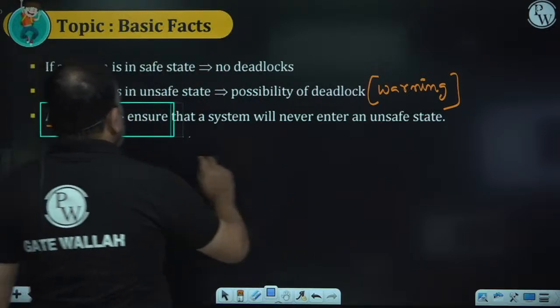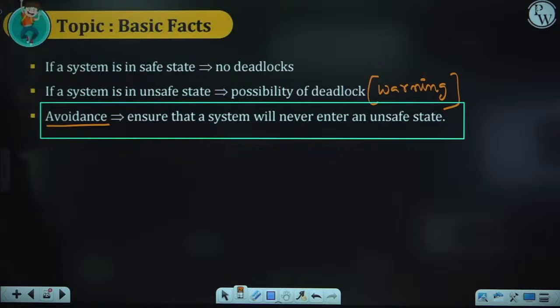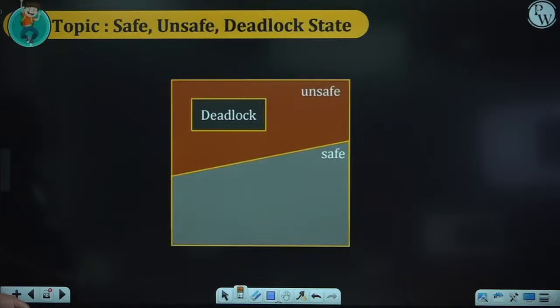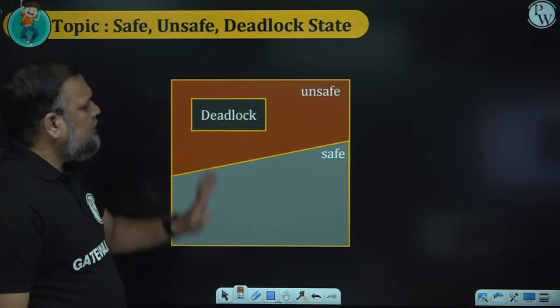The basic ideology of Banker's algorithm is this: ensure that the system never enters into an unsafe state. That means system should always operate in safe mode. ये है बेसिक आइडियोलॉजी ऑफ बैंकर्स एल्गोरिथम. डायग्रामेटिकली आप ऐसे समझोगे, at any point of time the system can be in any of these three states. System is said to be either safe or unsafe, or maybe from unsafe it will go to deadlock.